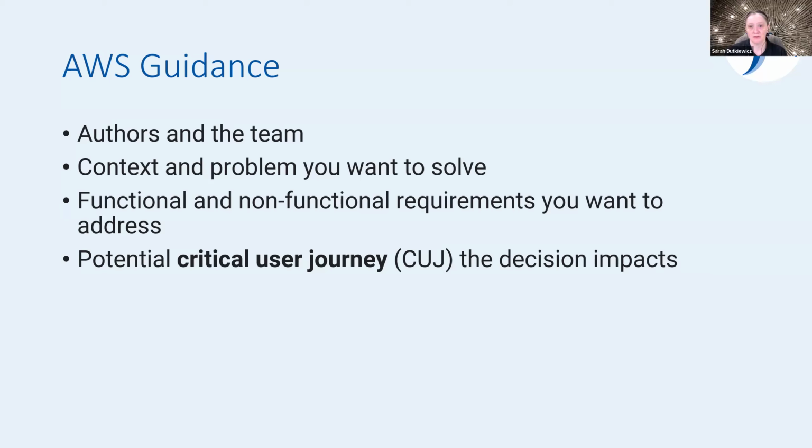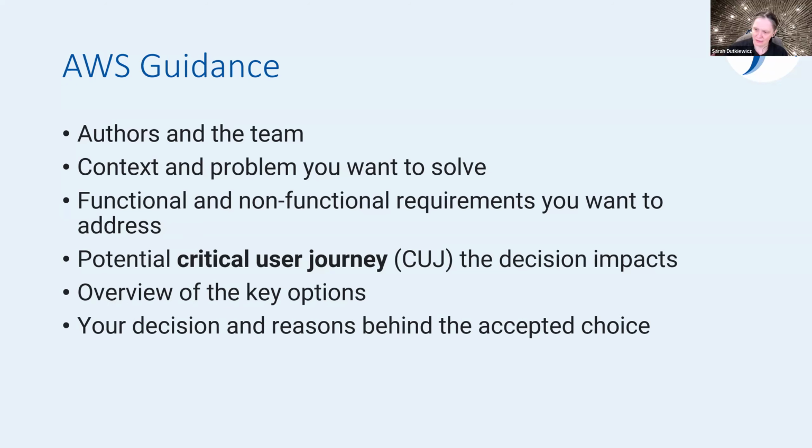Sometimes I've seen it where the user experience is completely overlooked. So you want to make sure that if you have decisions that are going to impact your users, to capture that context as well. Because it's important for people to understand that if your users are impacted by this, how do you roll out your changes in a way that will keep your users happy with your product, with as little frustration as possible.